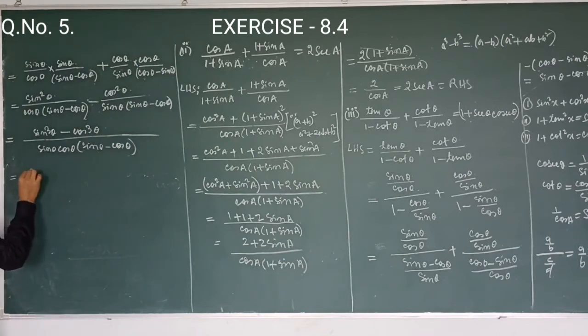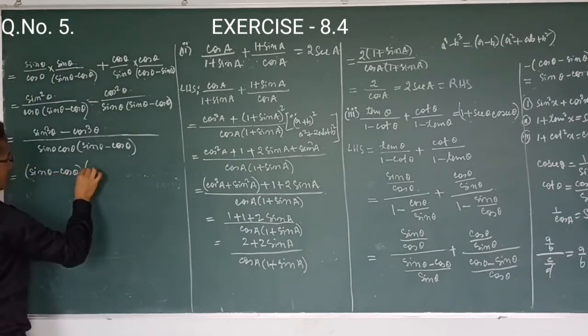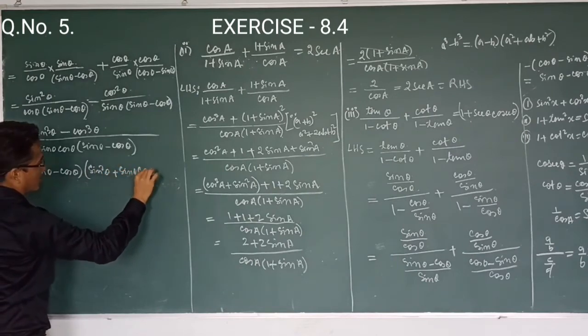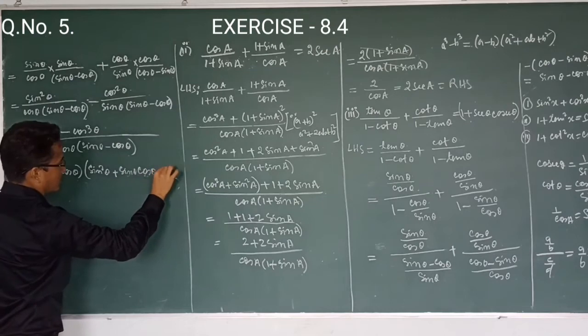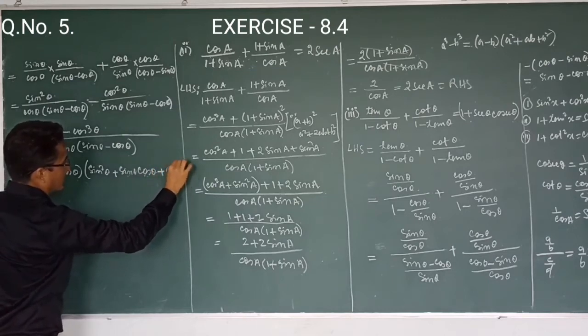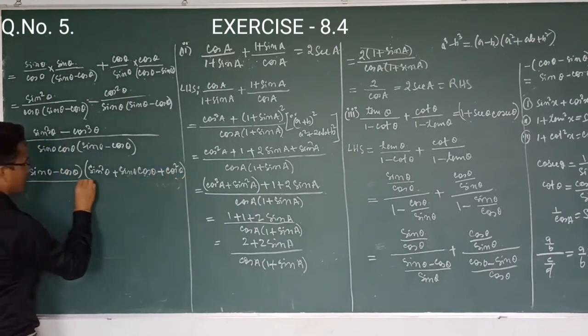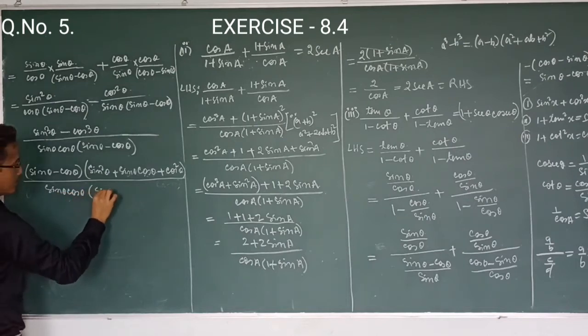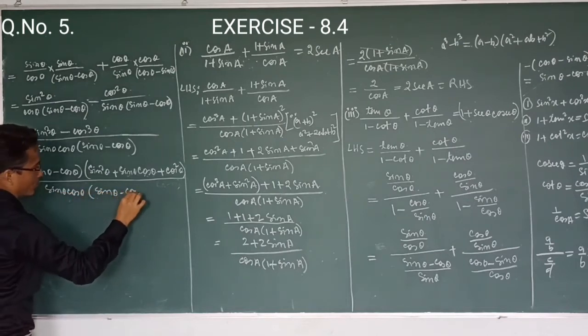That means sin theta minus cos theta. Okay, so what remains there? Sin square theta plus sin theta cos theta plus cos square theta, divided by sin theta cos theta, and this is sin theta minus cos theta.